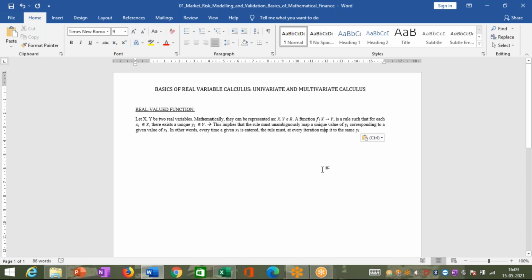So whenever you are entering xi, it will always map it back to the same yi.